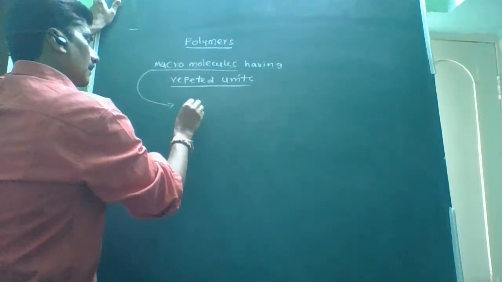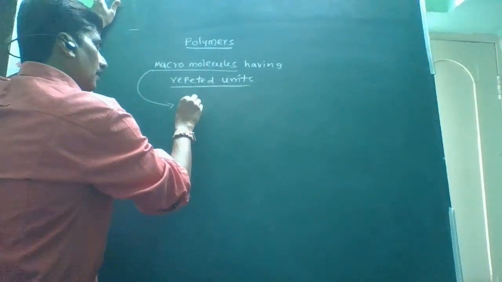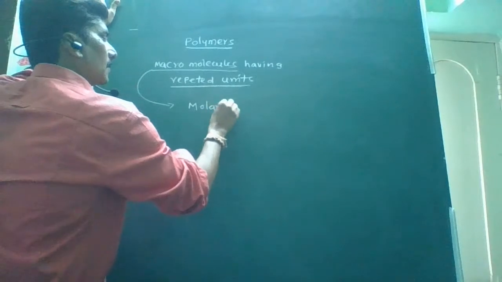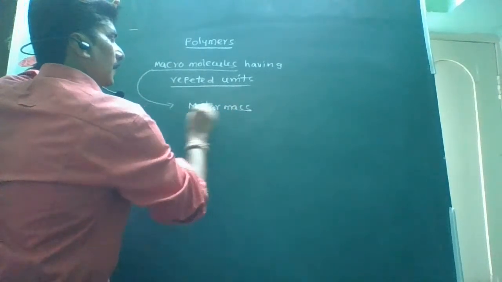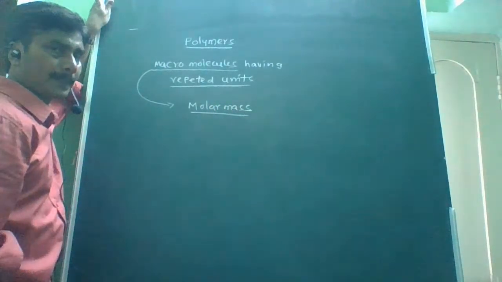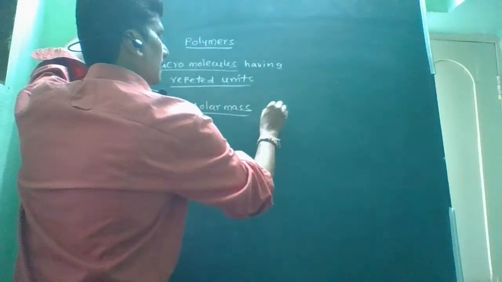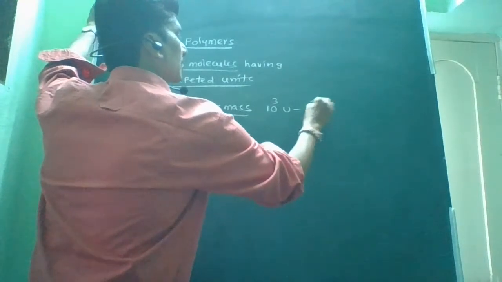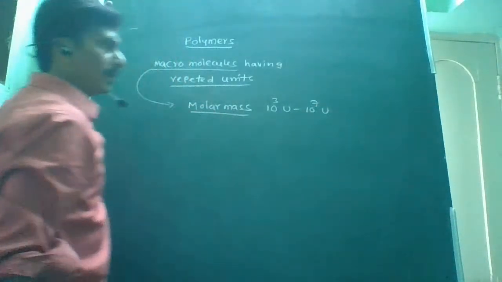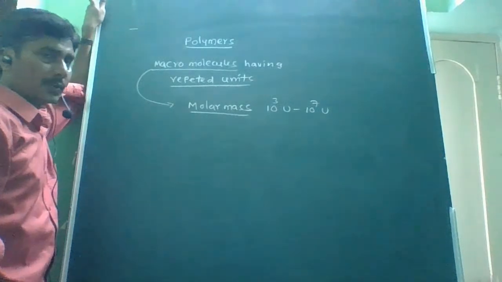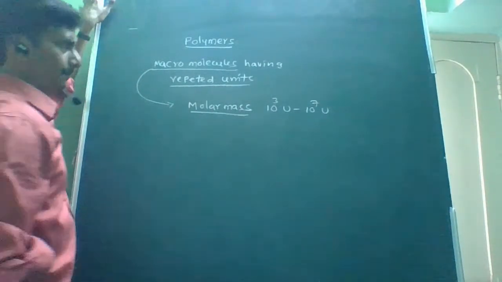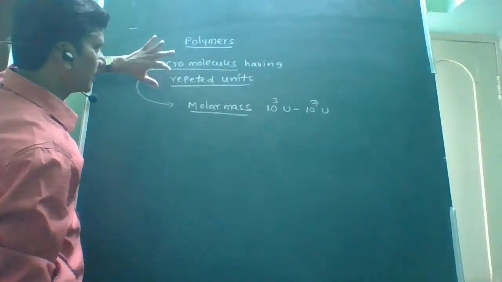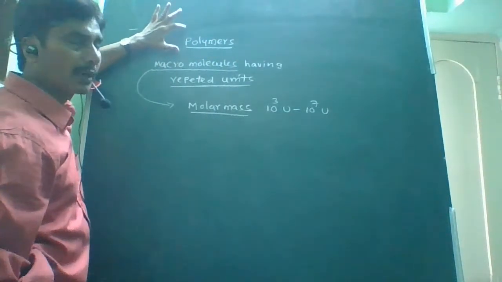Macromolecules having a high molar mass, that is 10 to the power of 3 atomic mass units to 10 to the power of 7 atomic mass units. Macromolecules having repeated units are called polymers.